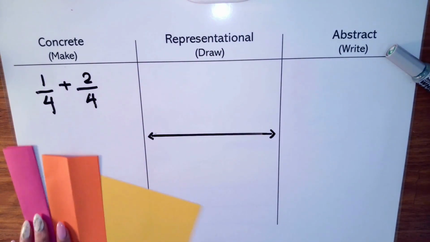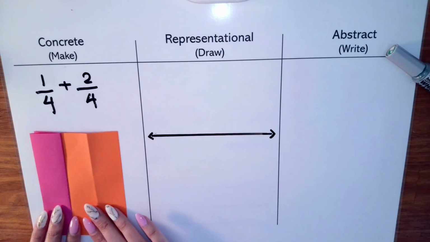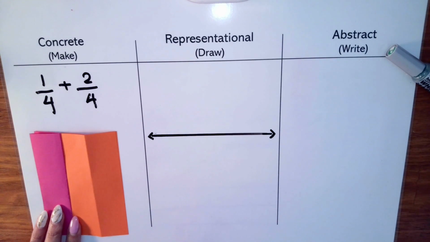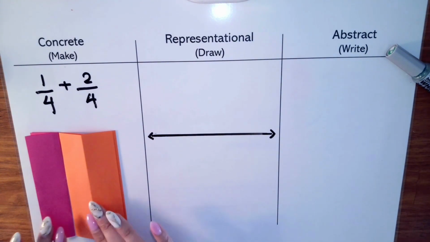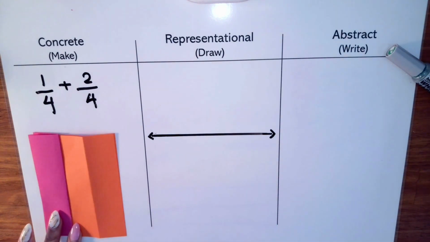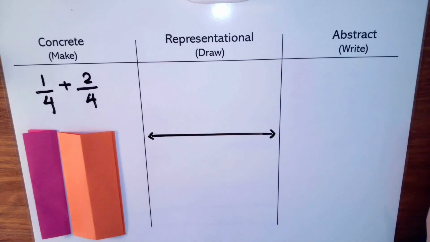And that is the type of understanding that you want them to build. It may seem simple, but you really need to hone in on the fact that they don't simply add the numerators and the denominators. That's what they would do with whole numbers. That's whole number thinking, but they don't do that with fractions, because fractions are a part of a whole. So then I would get them to represent this. They can represent it in the same way if they want.